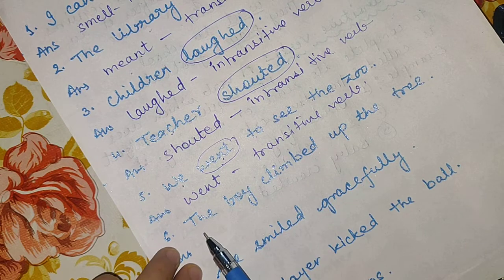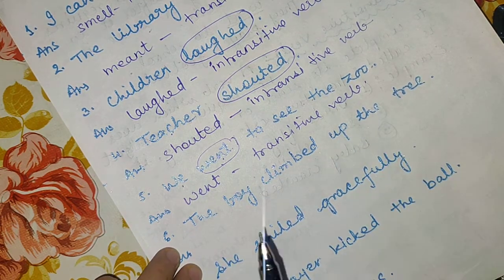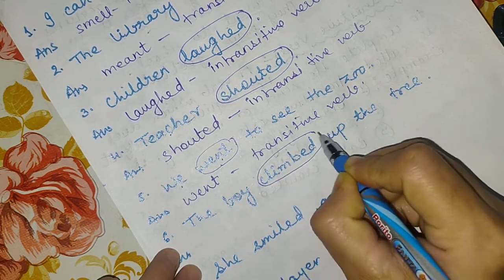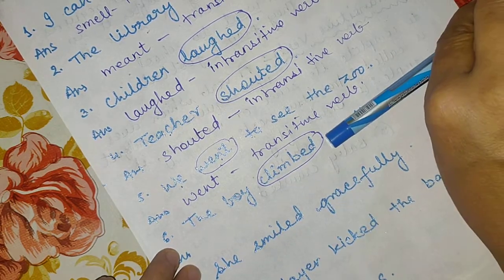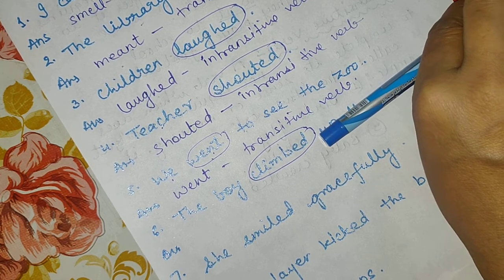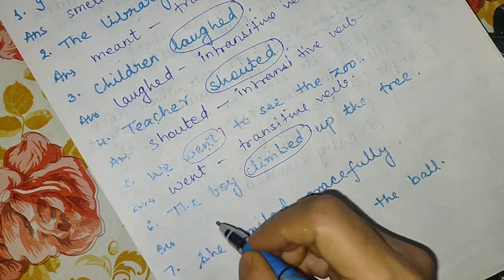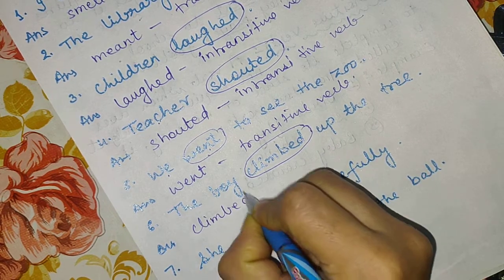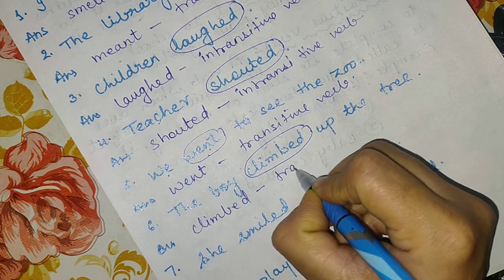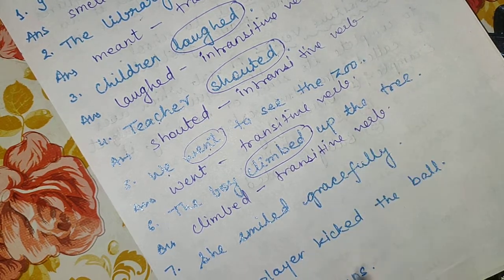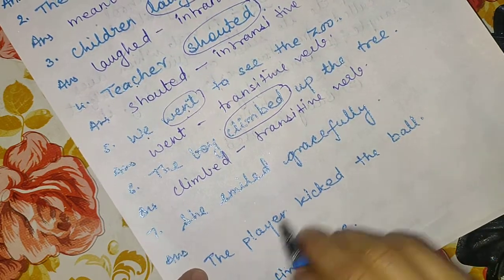Next question is: the boy climbed up the tree. If I just say the boy climbed, climbed is your verb here. If I say just, the boy climbed, again the question is where did he climb? So the question is arising, that means that the climbed verb is a transitive verb. She smiled gracefully.